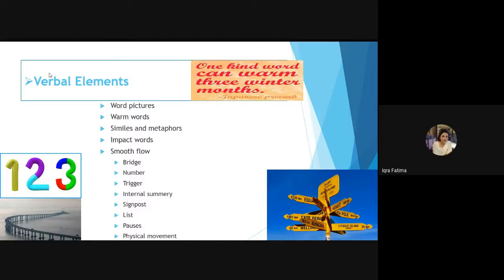First one is the verbal elements. Verbal is related to words. So how can we choose our words to make our delivery more effective? First one is word picture. You can add pictures of your words, because when you add graphics and pictures, it activates the right brain of the audience.